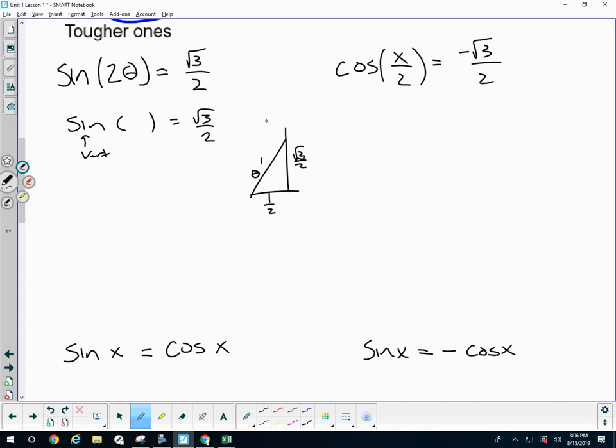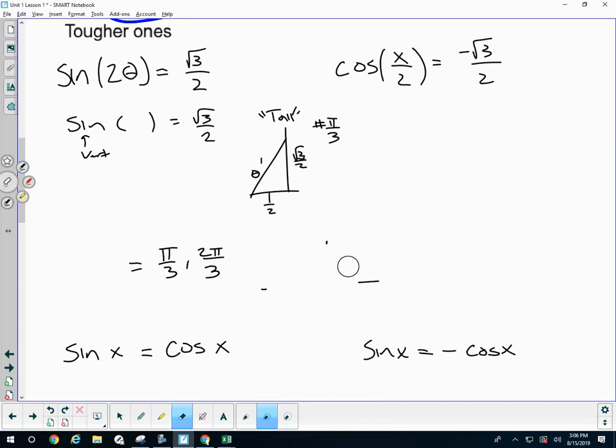So again, this is my tall 30, 60, 90 triangle that occurs at the pi over 3s. The pi over 3s, when sine is positive, are here in the first quadrant and here in the second quadrant. Pi over 3, 2 pi over 3.